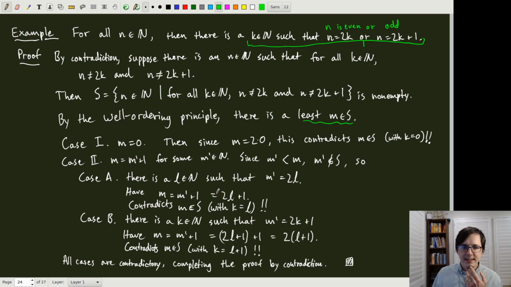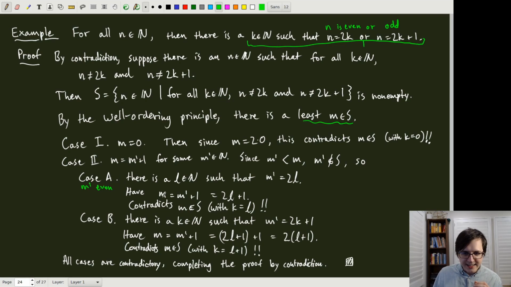Case 1 is that there's some number L, which I'm writing instead of K to reduce some confusion with multiple letters, such that M prime is 2L. So case A is that M prime is even.